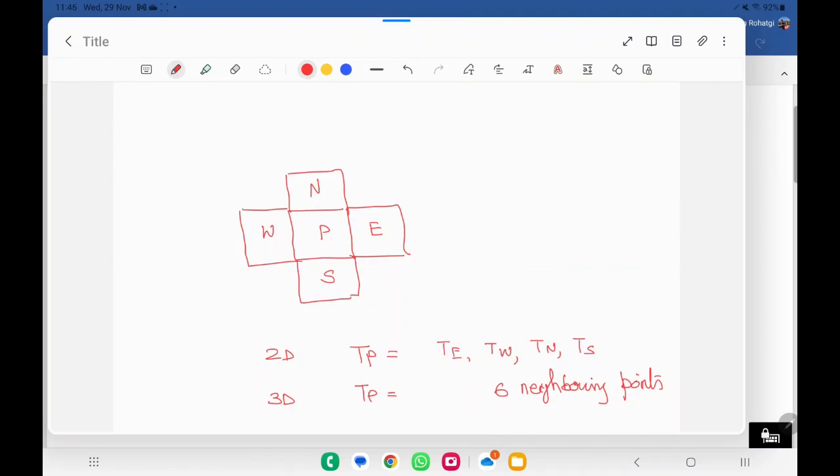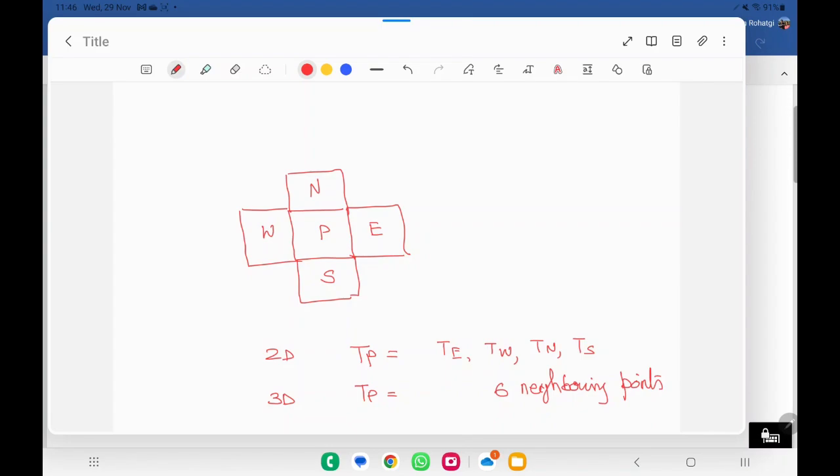Because this is so far if you are focusing on central difference. Central difference goes only 1 point to the right, 1 point to the left. If you want to still go further, you can have 2 points on the right, 2 points on the left. If you start going like that, then as many points you are considering, as many diagonals will be added.